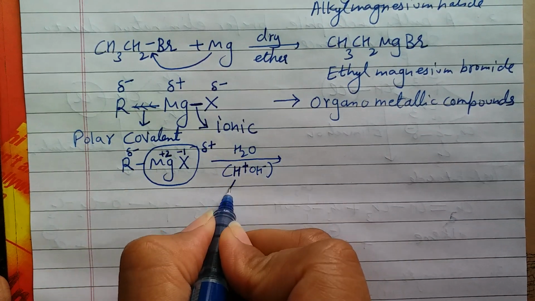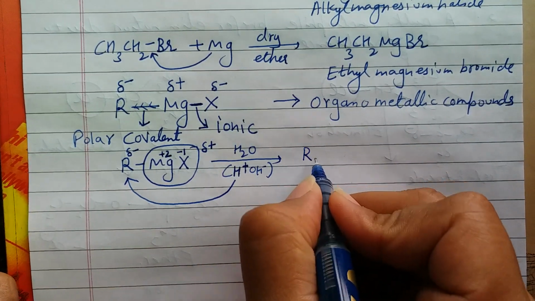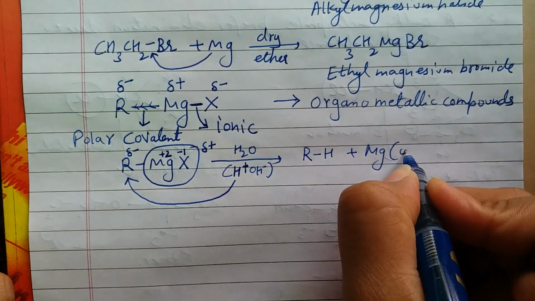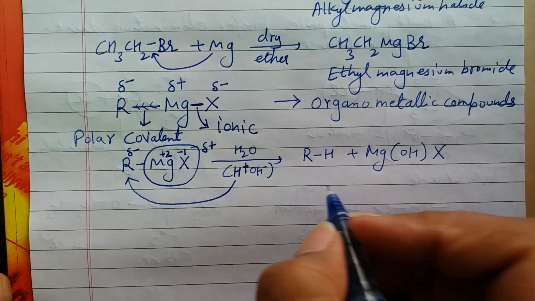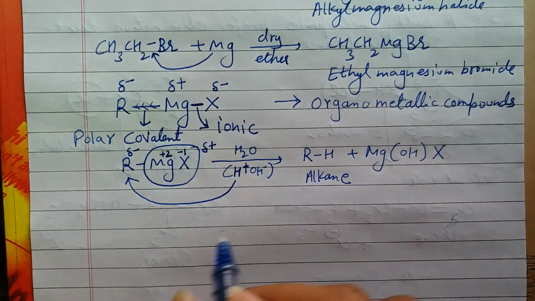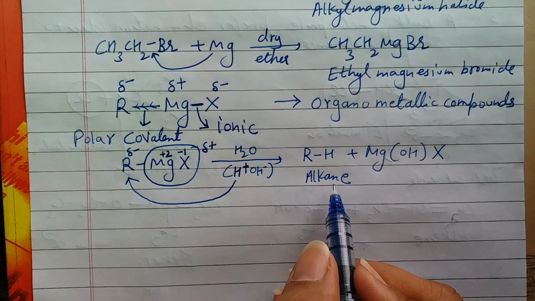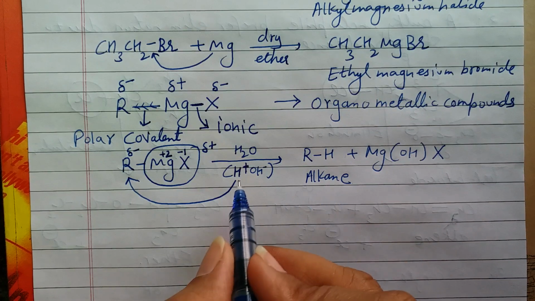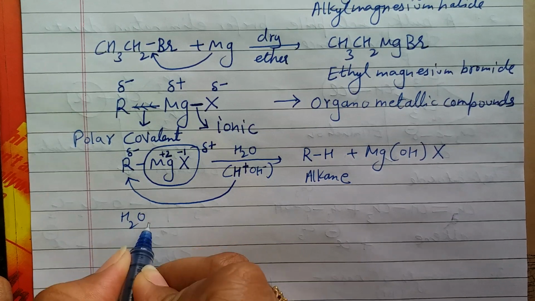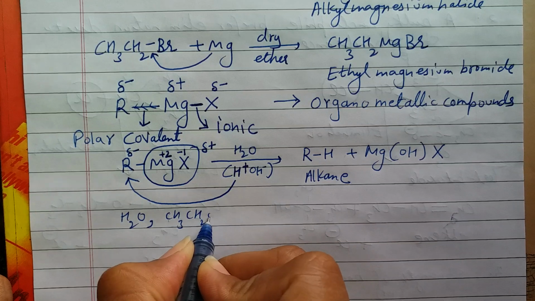So the H plus from water attacks the R minus and it forms what? RH, plus there's a byproduct which is MgOH. Now what is this RH? This is an alkane. So Grignard's reagent, when it reacts with water or moisture, forms an alkane. And not just water, it can react with alcohol, CH3CH2OH.